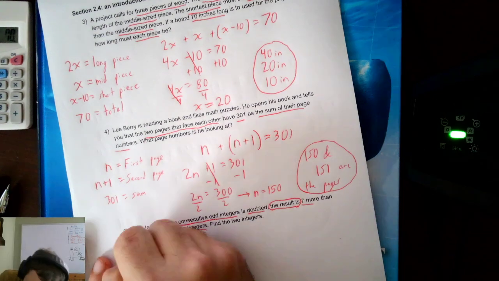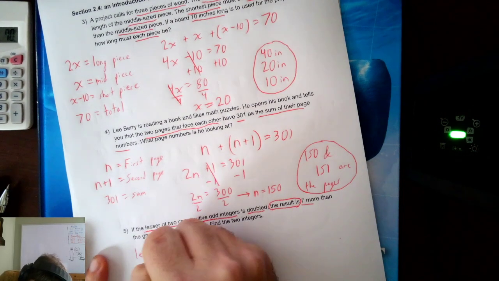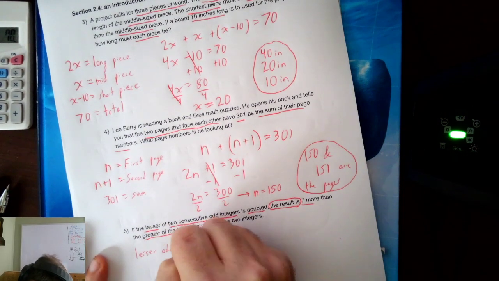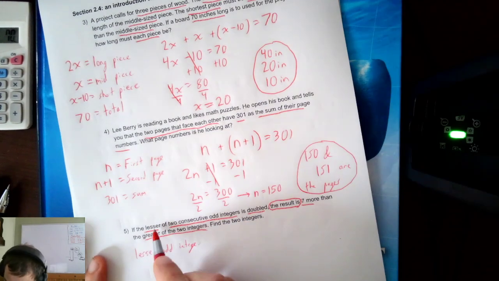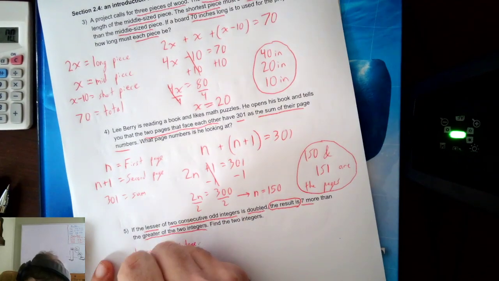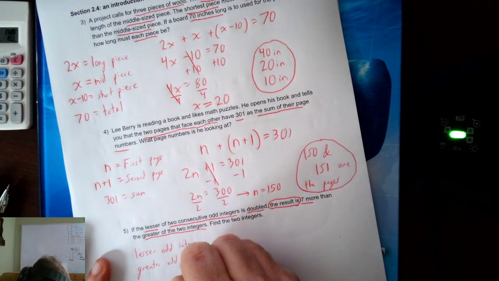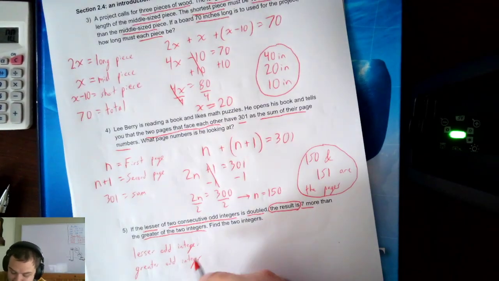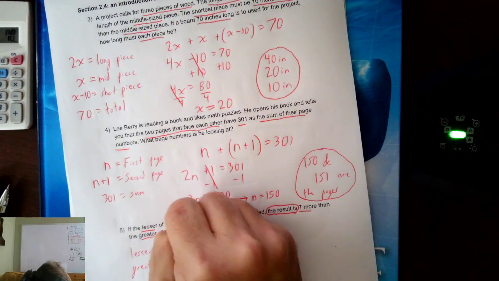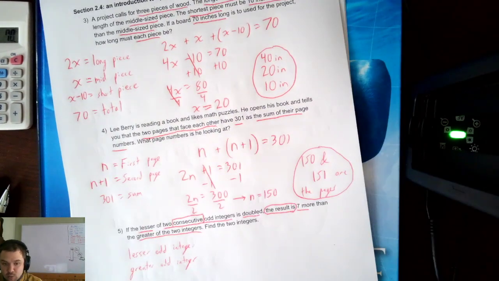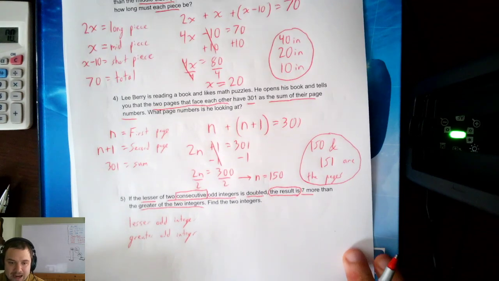The lesser odd integer and the greater odd integer. And I know they're consecutive. Consecutive means back to back.